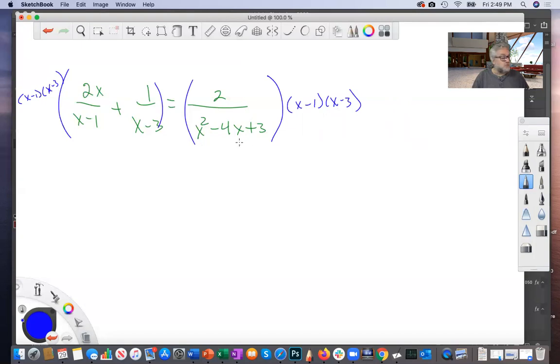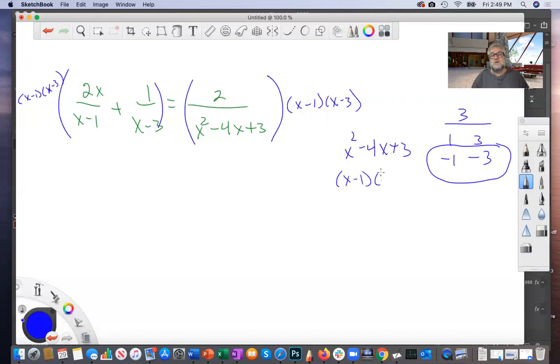And in fact, this was the last one we just did, right? So this is x squared minus 4x plus 3. If I want to make 3, I can do 1 and 3 or minus 1 and minus 3. So the only two ways I can do it. And these will add up to give me minus 4. So this is x minus 1 times x minus 3.